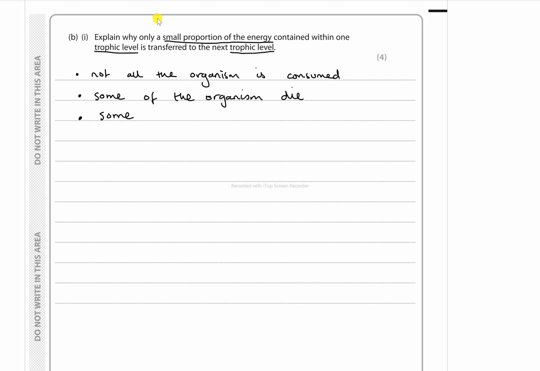Some is not digested because there's some parts that are not digestible, so they'll come out as egestion. Some of the organism is released as waste, cell waste, so cell respiration waste.